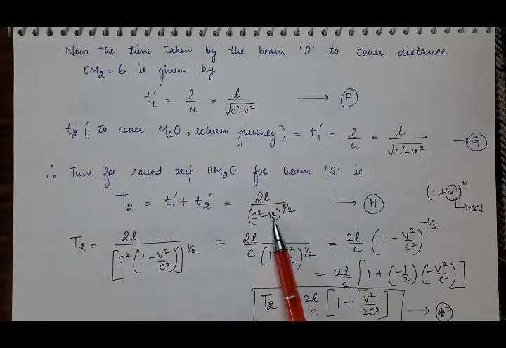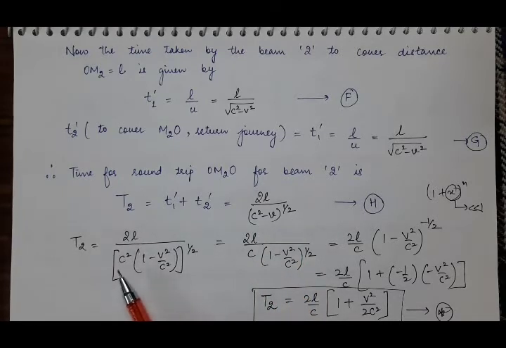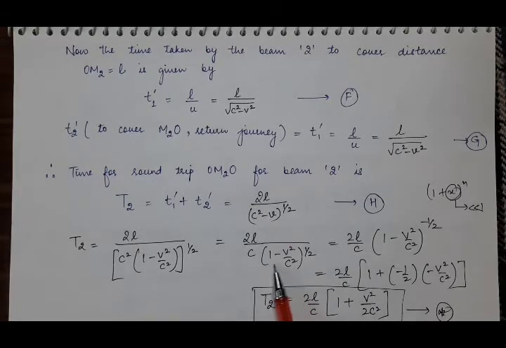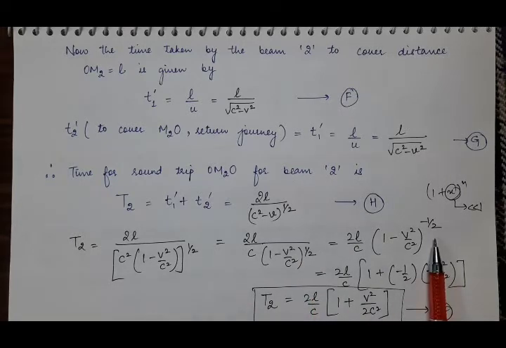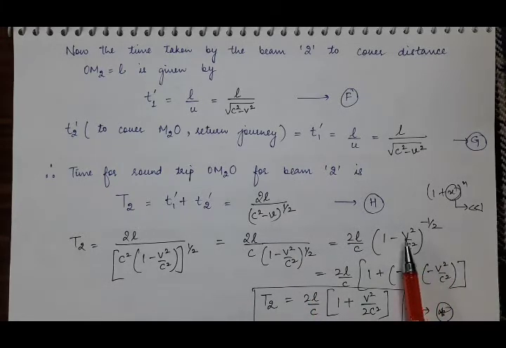So it will be this. Now again take c square common from the denominator like this. Then take its square root. It will be c. And now move this term to the numerator and its power 1 by 2 will become negative. Again, because this v by c is less than 1, this v square by c square will be even smaller than 1.